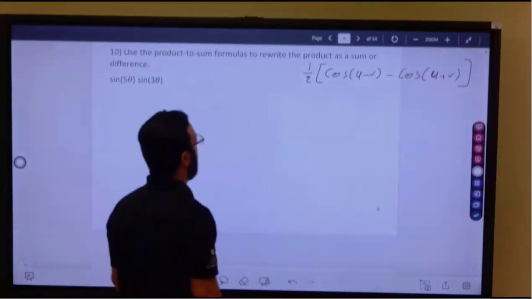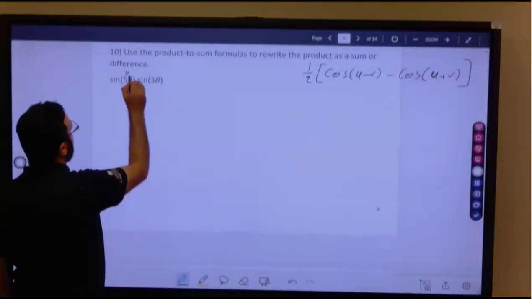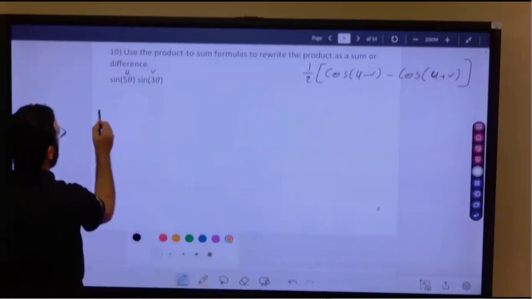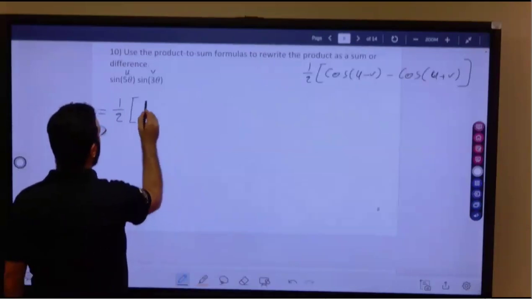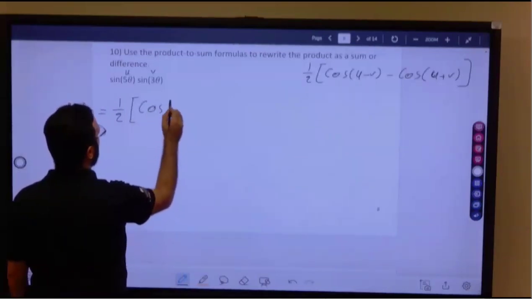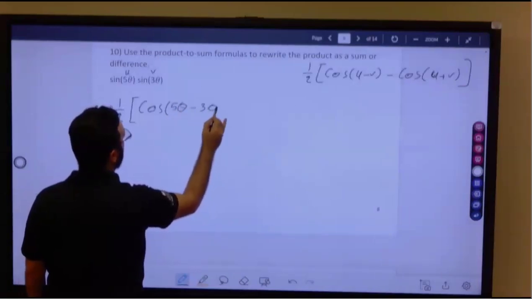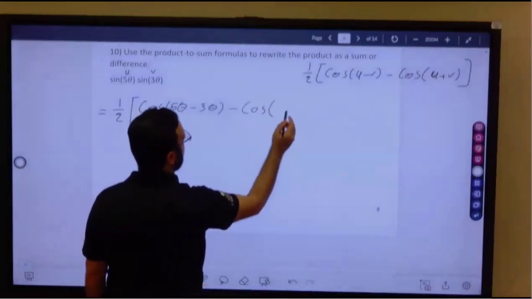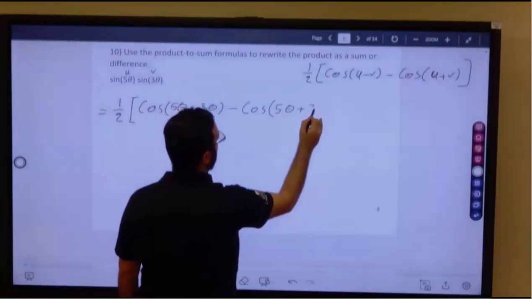So here's the formula. I'm just going to use the formula, but first of all, locate this is the u and this is the v. So to use the formula, it's going to be this one equal half cosine u minus v, which is 5 theta minus 3 theta, minus cosine u plus v, which is 5 theta plus 3 theta.